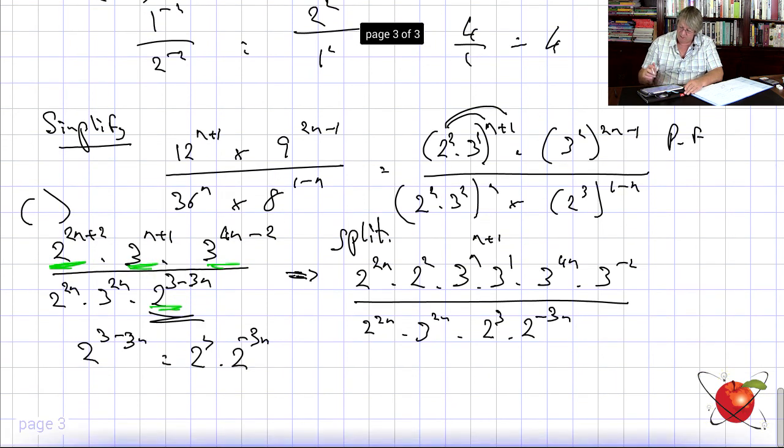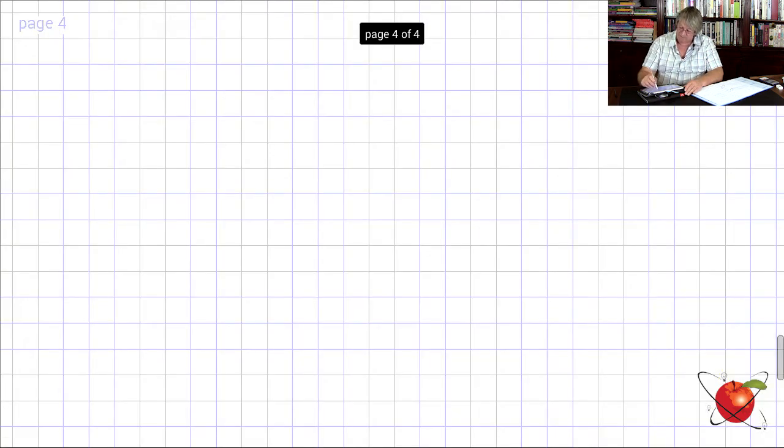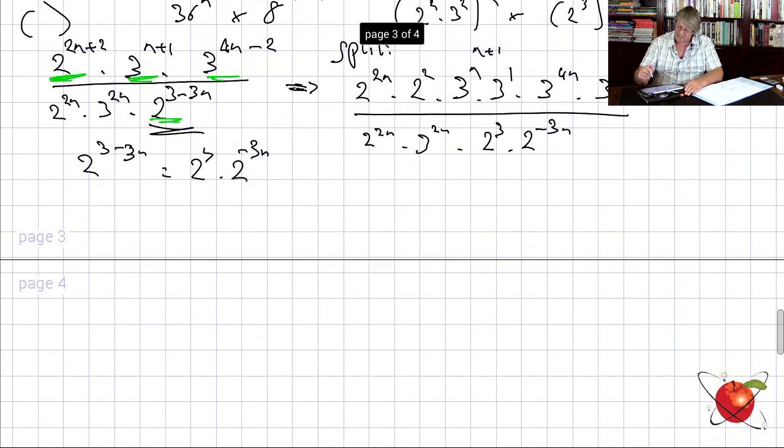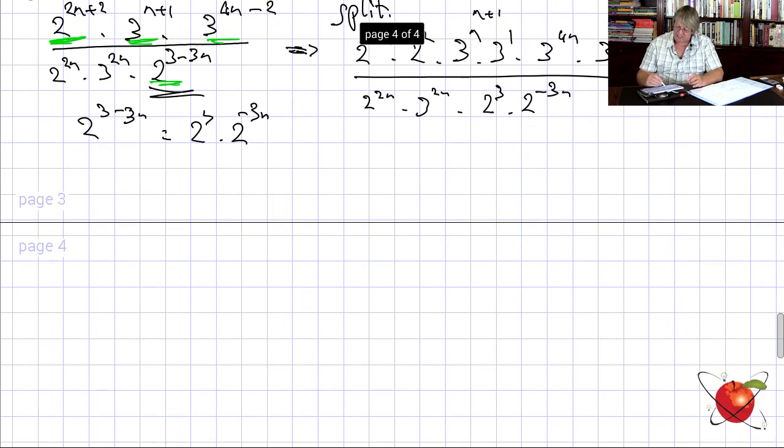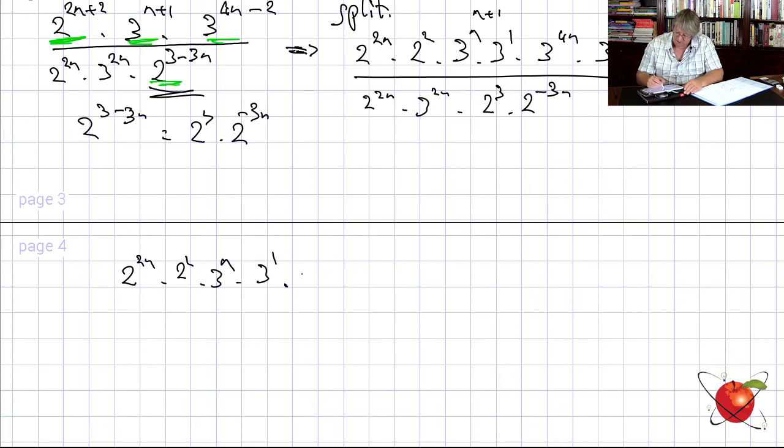Okay, what is the next step? We've now split it. Negatives must become positives. Remember? So first of all, we say 2 to the 2n, 2 squared, 3 to the n, 3 to the 1, 3 to the 4n, and at last, we've got 3 squared there.